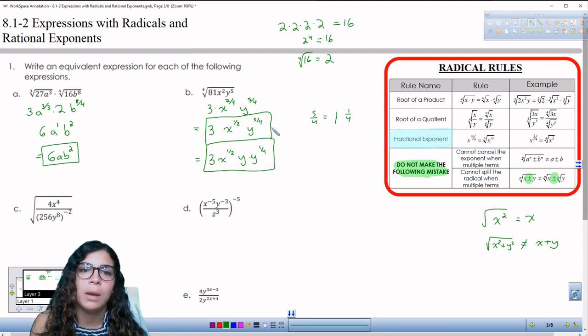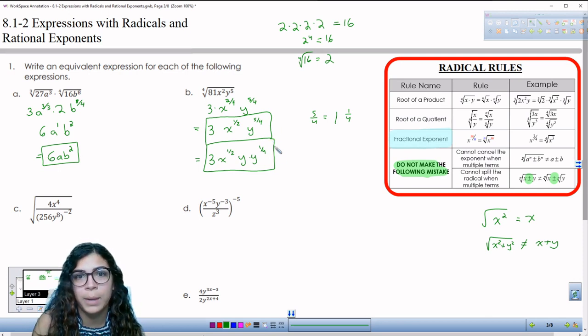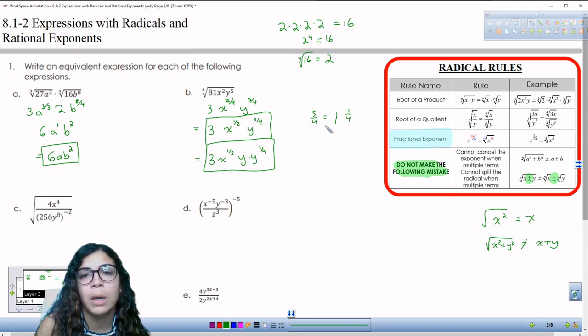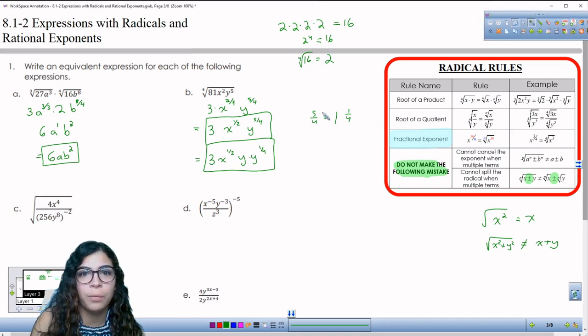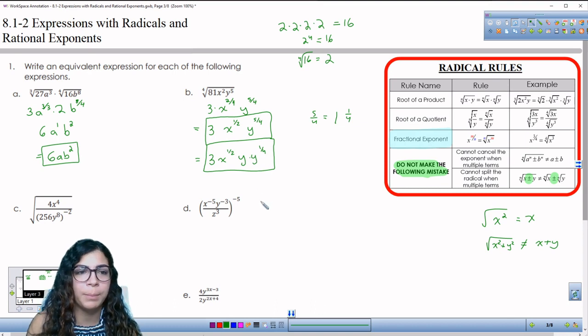You would see one or the other, but there's 2 ways to write it. You can either write it like that, or if it's an improper fraction, you write it as the mixed number. The whole number is how many whole copies you have, 1 whole copy of y, and then the fraction is what remains. And you can split it up that way.